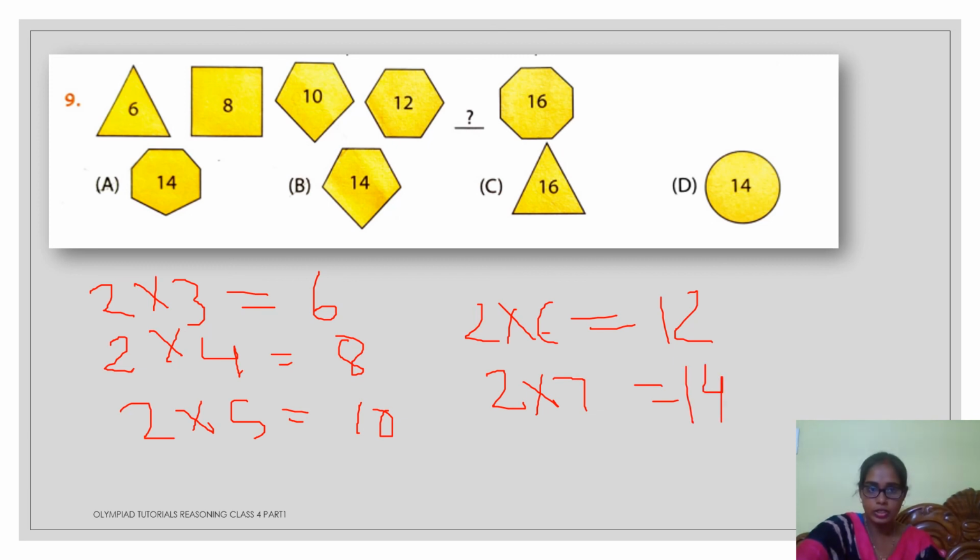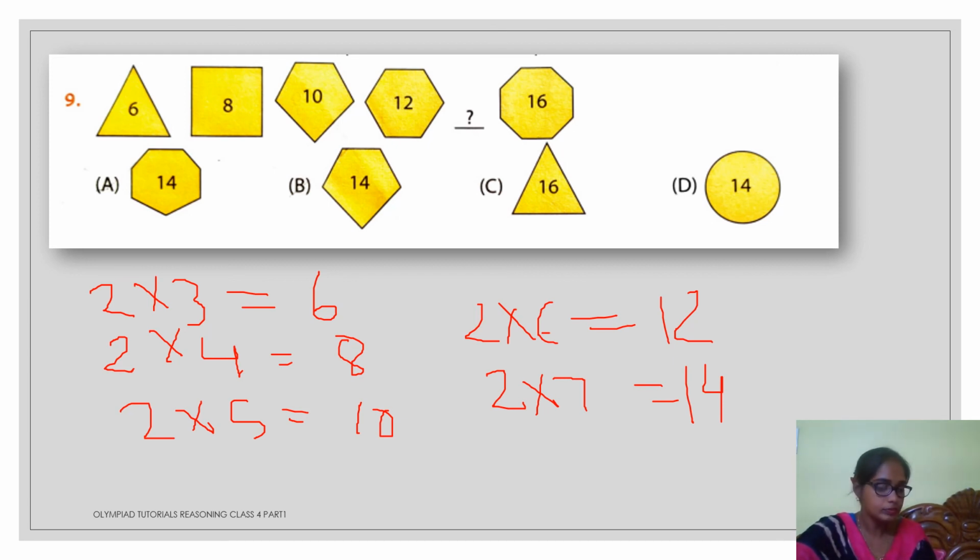So here you have got the number 14. But you have to see properly that there are three options which have the number 14. Option A has 14, B has 14 and D also has the same thing.